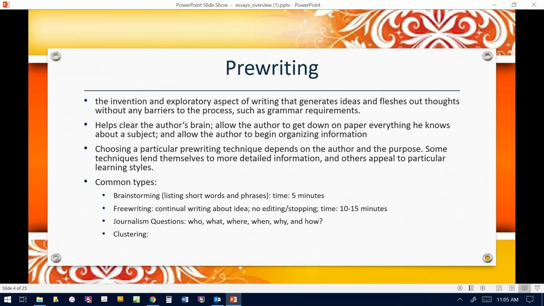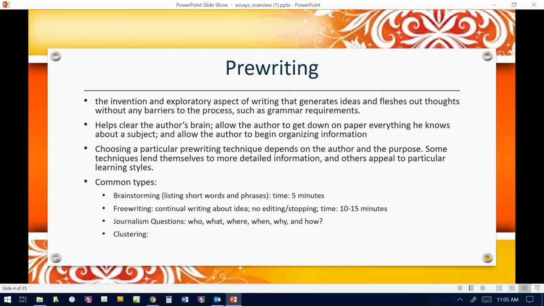The journalism questions are really good at finding specific kinds of evidence and really kind of analyze an issue. And so you don't just ask each question once. You take the who and you say, well, who can I write to? You know, who are my different possible audiences? Who was involved? Who was affected, right?